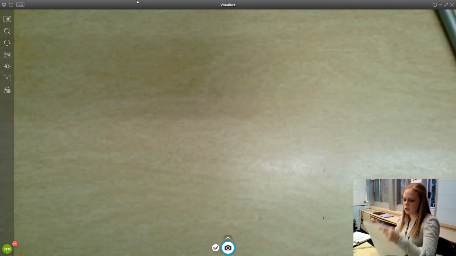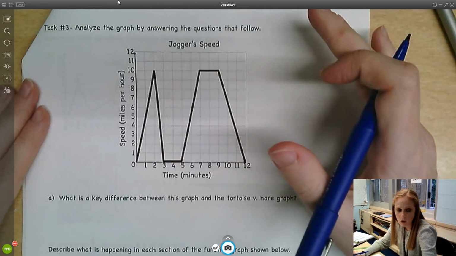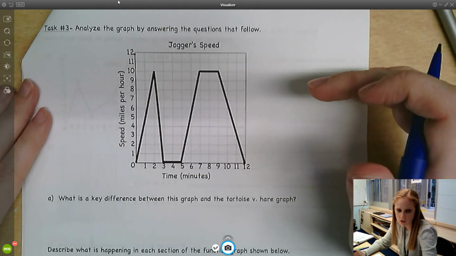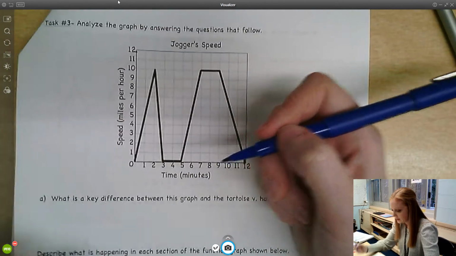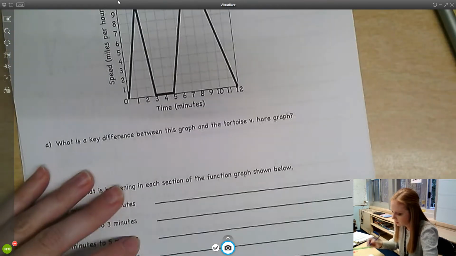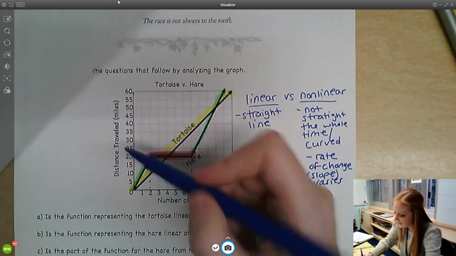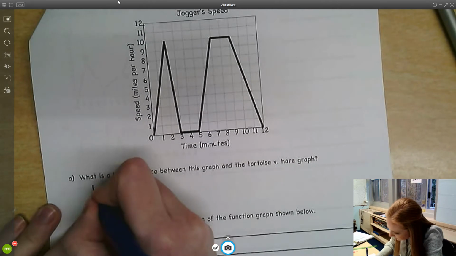All right, let's put this to work for another example. So now we have a jogger. What is the key difference between this graph and the tortoise versus hare graph? So you'll notice they both have time on the x-axis. So here we had number of hours, number of minutes, but look at the y-axis, distance traveled versus speed.